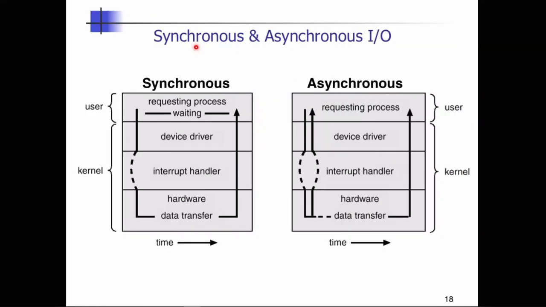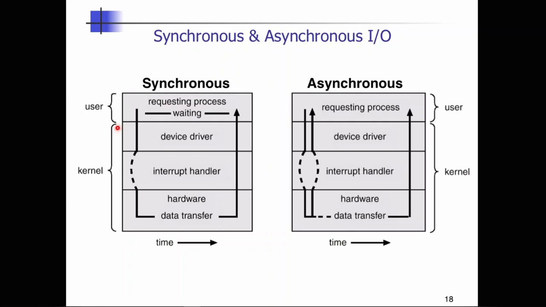So let's take a look at the synchronous and the asynchronous I/O in a little bit more detail. Over here, we are showing two block diagrams for synchronous and asynchronous I/O. At the top, you have the user space, which is essentially a user process that is currently being executed. And that could be a synchronous I/O operating system, or it could be asynchronous I/O.